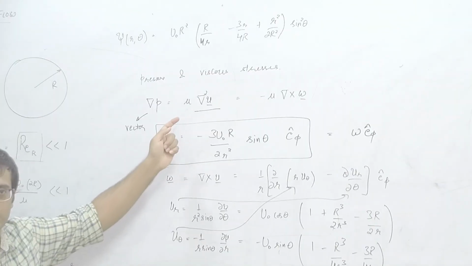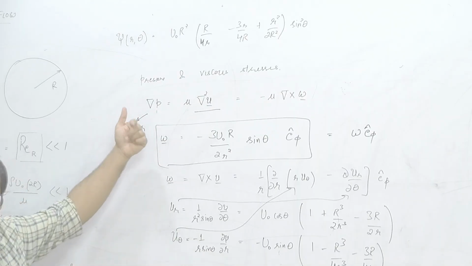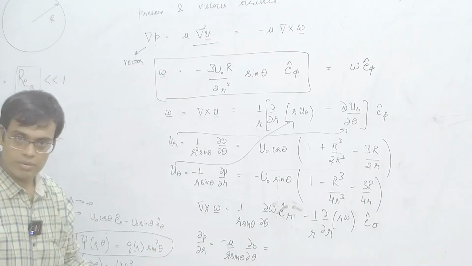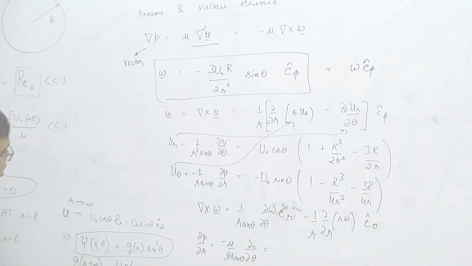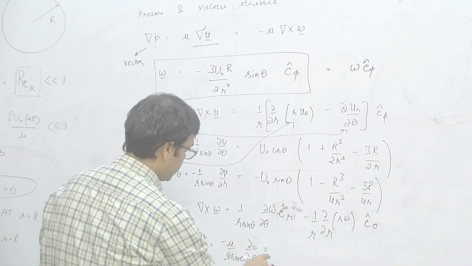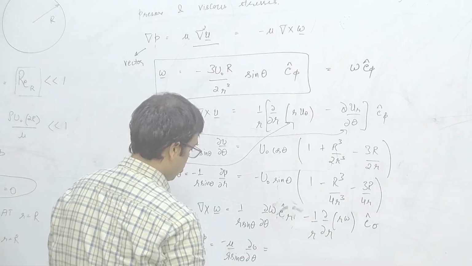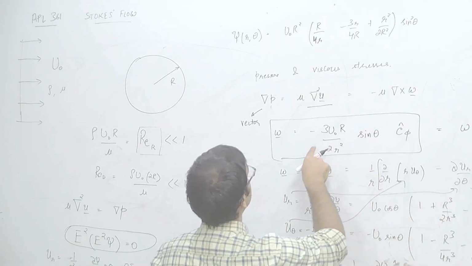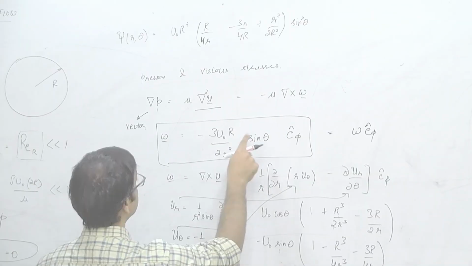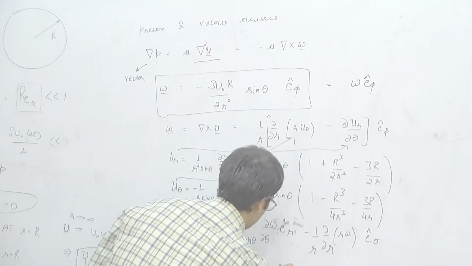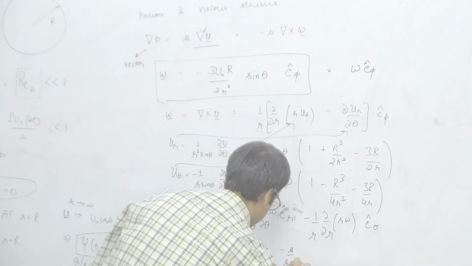This is a vector equation, so we will get two derivatives, del p by del r and 1 by r del p by del theta, the partial derivatives using which we have to compute the pressure. If we differentiate our omega with respect to theta, we will simply get minus 3 u naught by 2 r square cos theta. So minus mu by r sin theta.